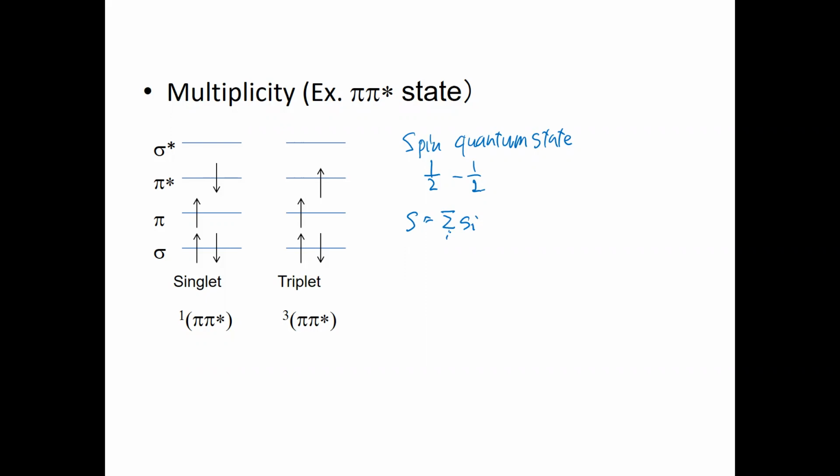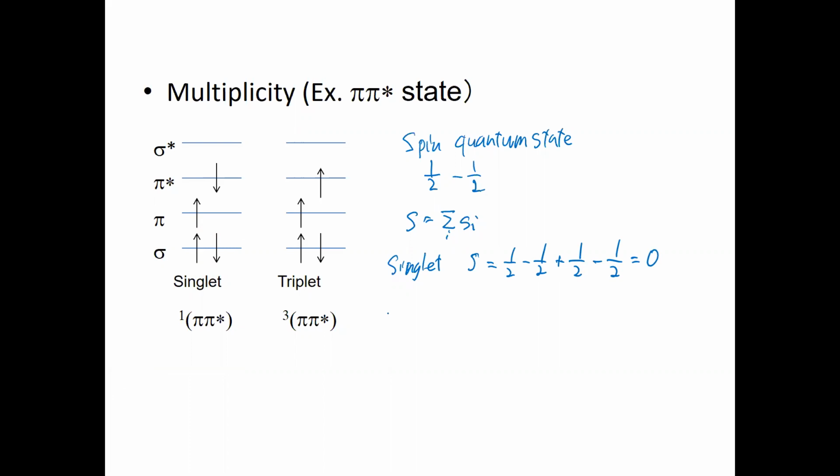So in the case of the singlet, S equals -1/2 from this one, and the rest of this is +1/2 and -1/2, so it equals 0.